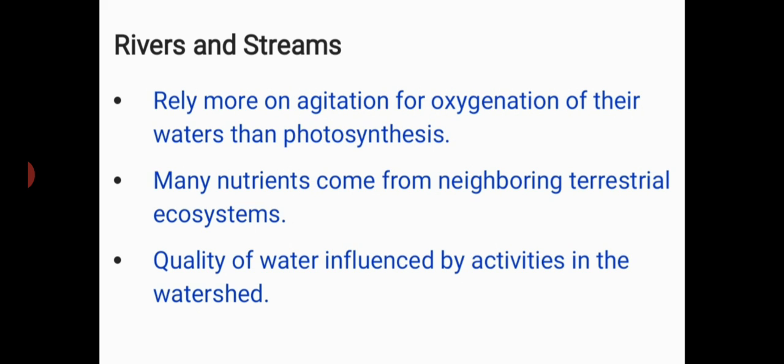The region drained by a stream is known as watershed. Rivers and streams rely more on agitation for oxygenation of their waters than on photosynthesis, which is the main source of oxygen in lakes.